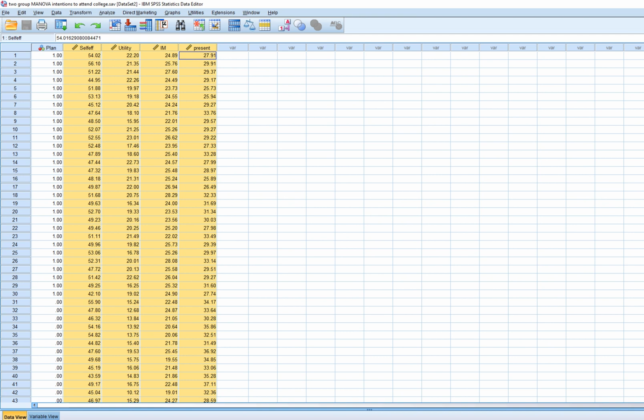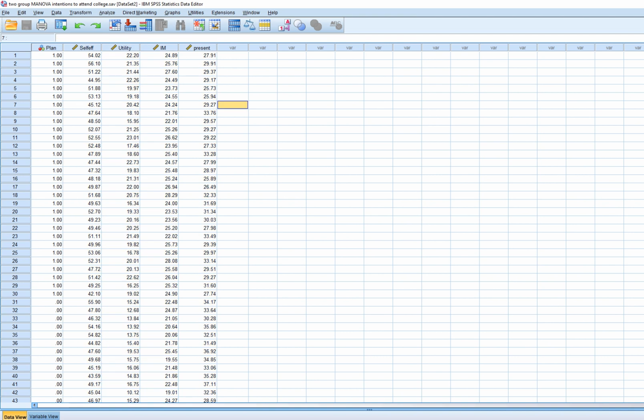Just keep in mind that, in the context of MANOVA, it's a little bit different from the standard one-way ANOVA, where you are looking at group differences on a single dependent variable. In the context of a one-way MANOVA, you're still looking at group differences, but you're looking at group differences across a set of dependent variables that are going to be intercorrelated to a certain extent.